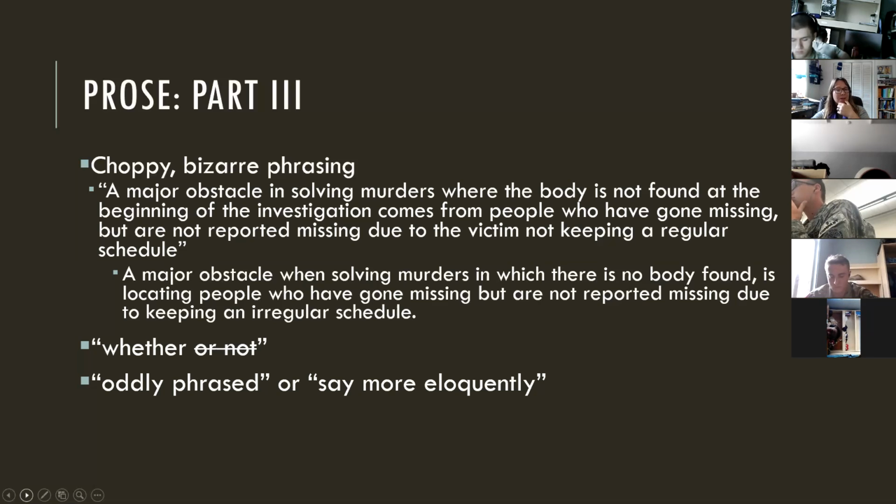If the sentence just sounds kind of choppy or bizarre, you can say that it's oddly phrased, or that you can recommend that they say it more eloquently. Generally, if I keep seeing the same weirdly phrased things, I'll probably fix a sentence or 2 to show you how to say it more eloquently. But then after that, I'll just be saying this is oddly phrased, or you need to say this more eloquently.